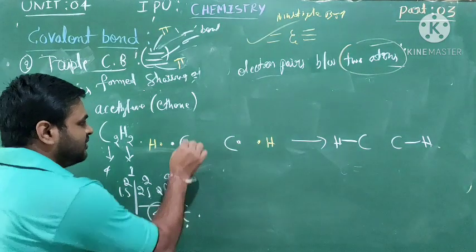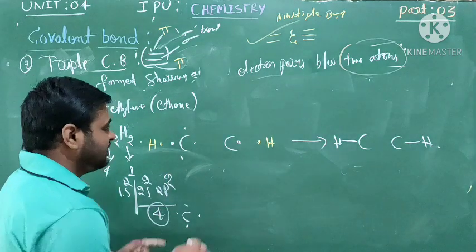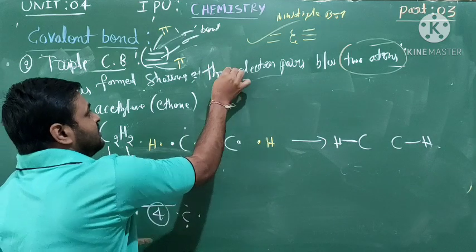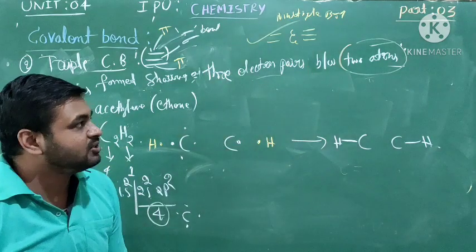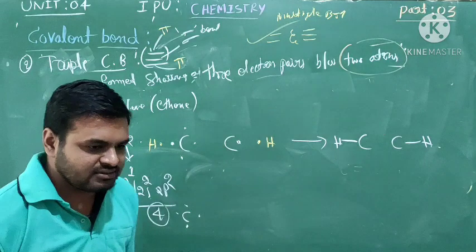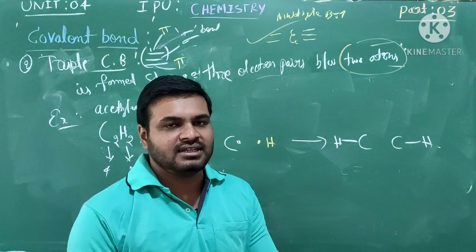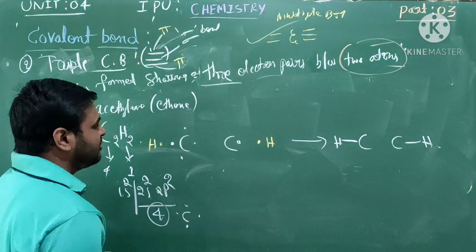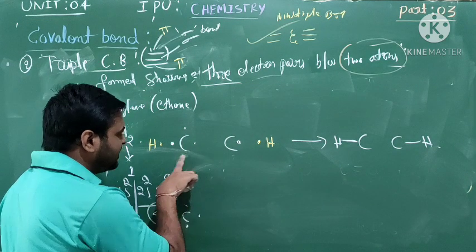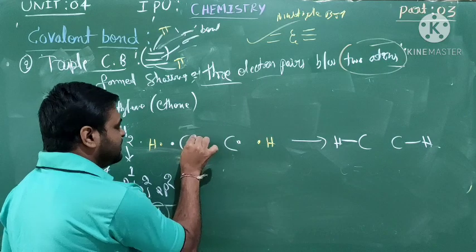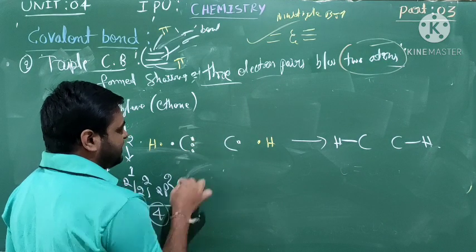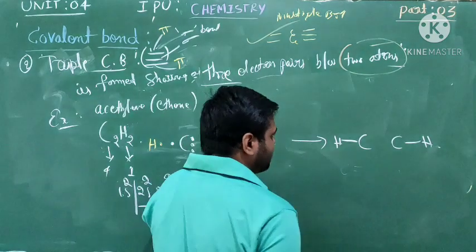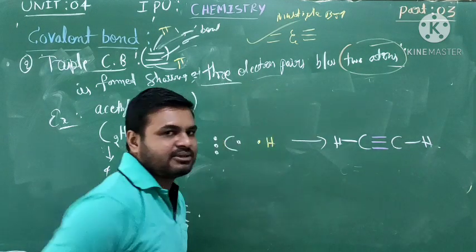Because of this, 3 electron pairs are formed between the 2 atoms. Any 2 atoms we consider are sharing 3 electron pairs, so carbon and carbon are paired with 3 electron pairs. This forms a triple bond.